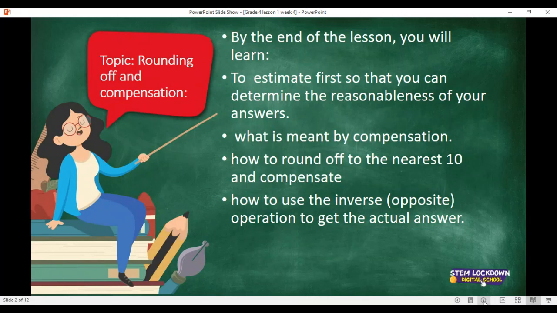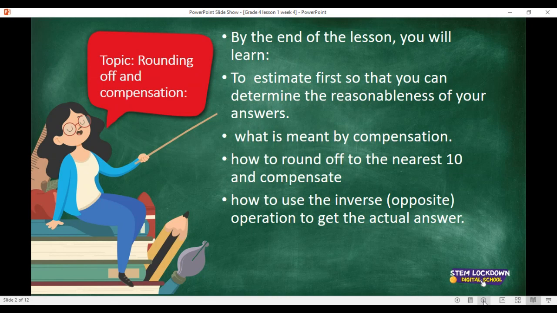If you are struggling with rounding off, it will make compensation difficult. Remember I told you that rounding off is a routine procedure, which means you have to follow the steps and rules. I really hope over the weekend you went over the lesson on rounding off.